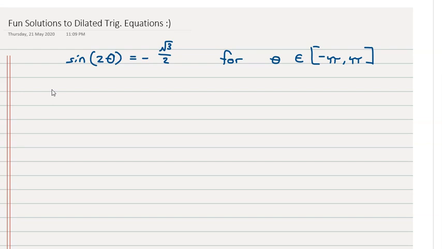The dilation of this function is going to compress everything along the horizontal axis, or the x-axis, or the theta axis. So rather than having a period of 2 pi radians, we're going to get a period of pi radians, because this factor of 2 is going to speed everything up in terms of theta by a factor of 2.